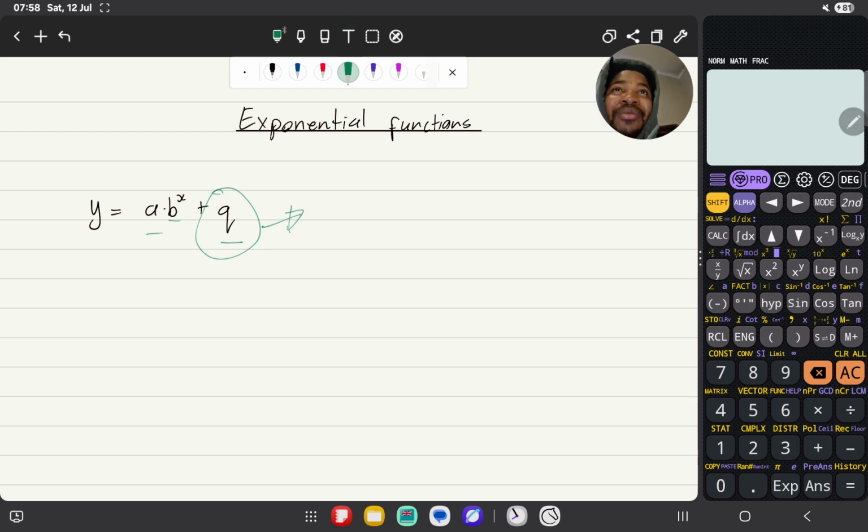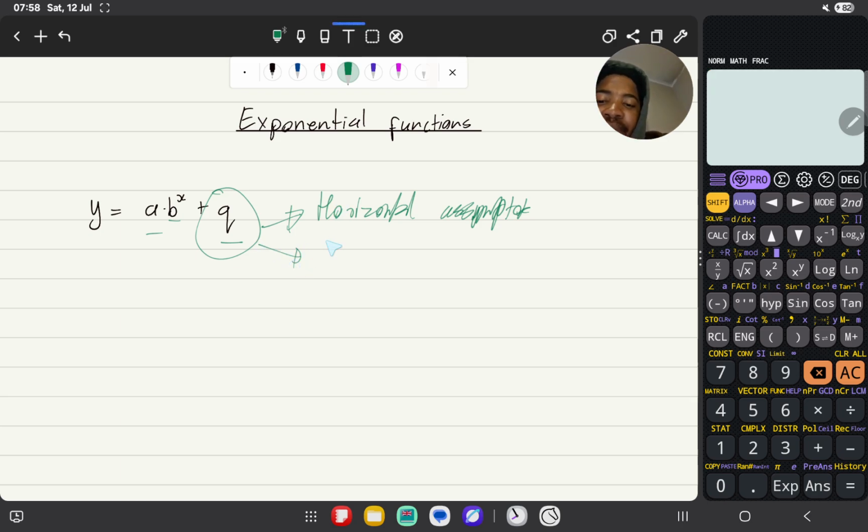So remember, it's only for hyperbola and exponential for grade 10. Oh no, we're also going to talk about trigonometry, where we talk about tangent functions. So of course those three are the ones that have the asymptotes. So here we still talk about the horizontal asymptote.